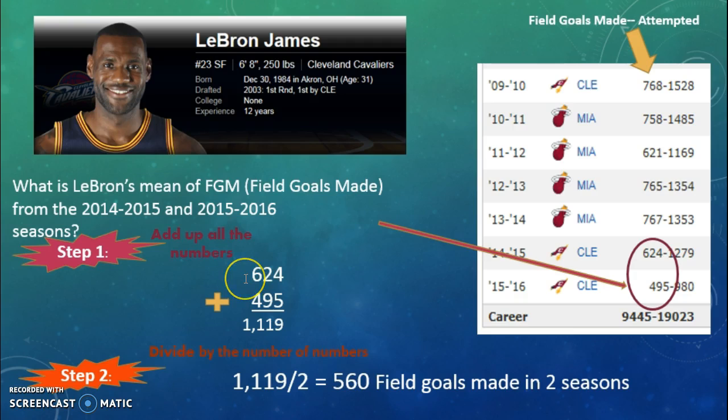All right, in order to find out his average or mean, I'm going to add up those 2 numbers, 624 plus 495. He had a total of 1,119 field goals made. Okay, oops. Divide that number by 2, because I only used 2 seasons. And he had 560 field goals made per season over the 2 seasons.